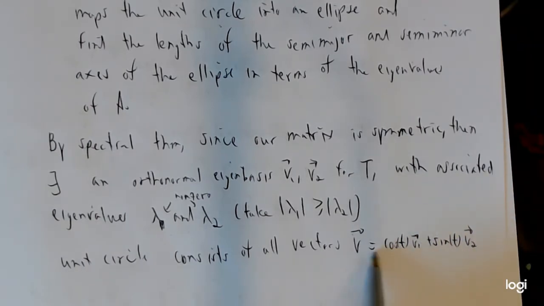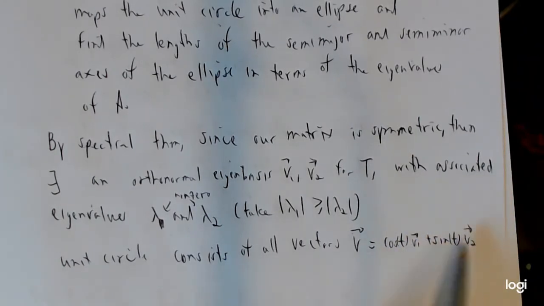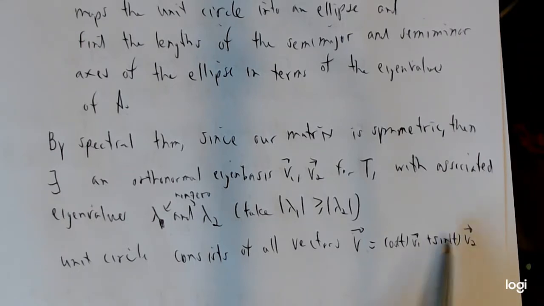Now what do I know about v sub 1 and v sub 2? They're orthogonal, they're unit vectors, and more importantly, they're linearly independent. So if I take any scalar times these and add them together, the magnitude of this is always going to be 1. That's going to give me all the points that land away from the origin that have a magnitude of 1, which creates my circle.